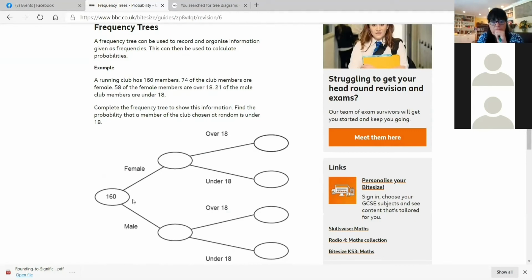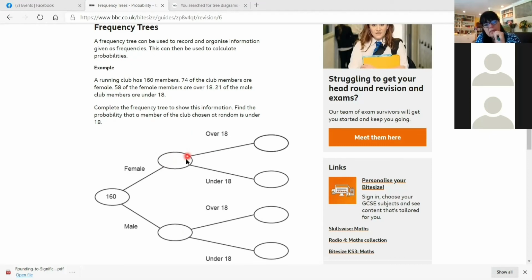Okay. I just want to try something here. My pen is not very visible and I made it much better the other day. Right, so here you see there's the females, and for the females we're going to write here 74, and then the males will be 58.